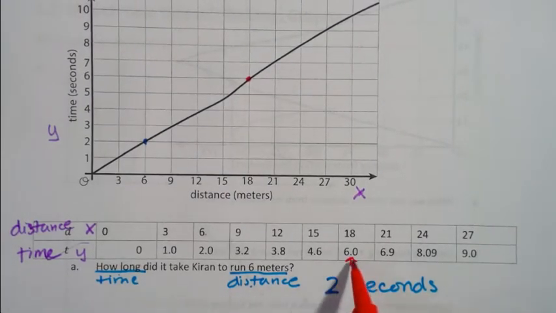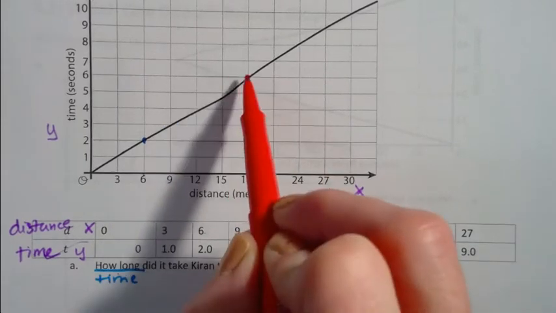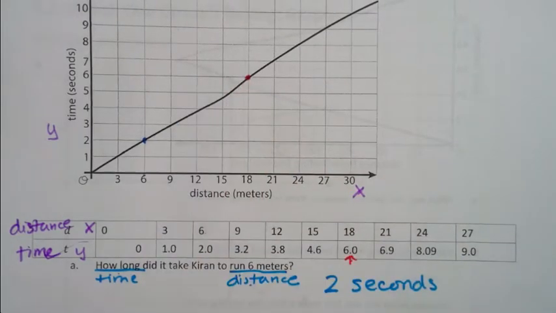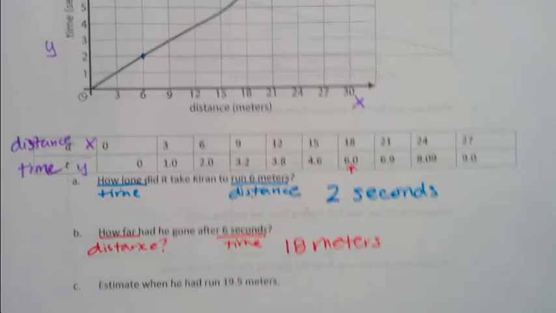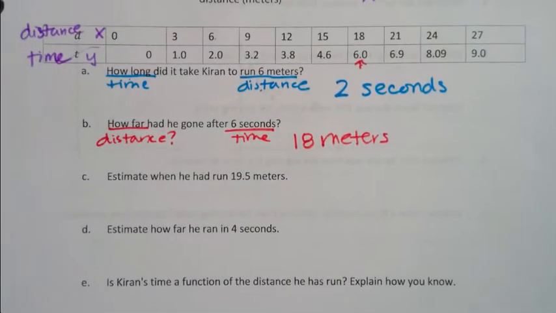I marked the table here is 6 seconds, and the graph here is 6 seconds. Either way, you will see that it's 18 meters. Okay, I want you to push pause and finish C, D, and E, and then check back here to see how you did.